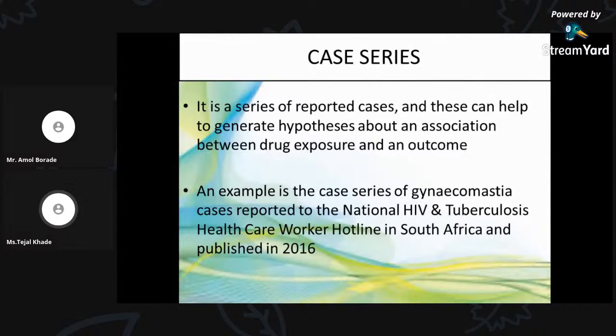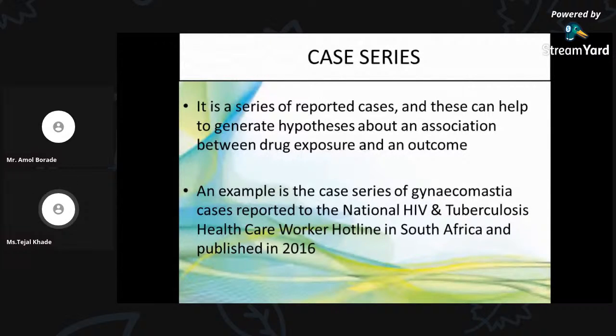Basically, it is an aggregate type of reporting where we receive n number of individual case safety reports. It is a series of reported cases that will help to generate a hypothesis of the causal relationship between the drug and the outcome or the adverse event.